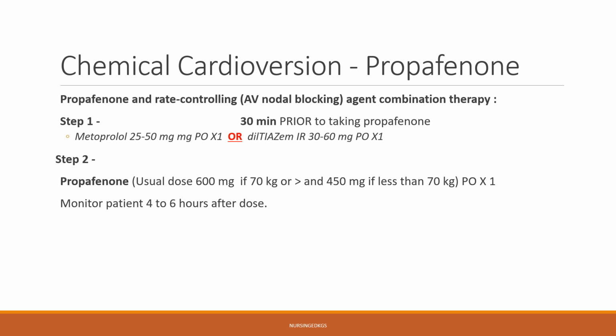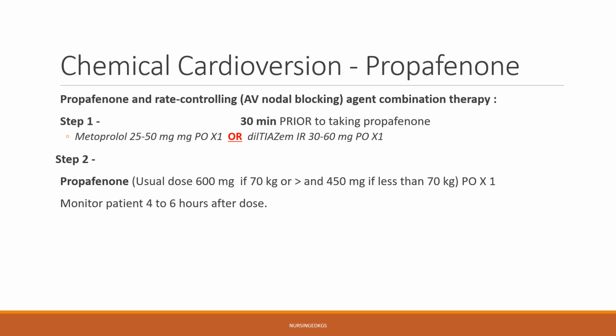cardioversion. Now, in step 1, you're going to administer the rate controlling medication, or just make sure that it's administered at least 30 minutes before the propafenone. So it can either be metoprolol or diltiazem in oral form.